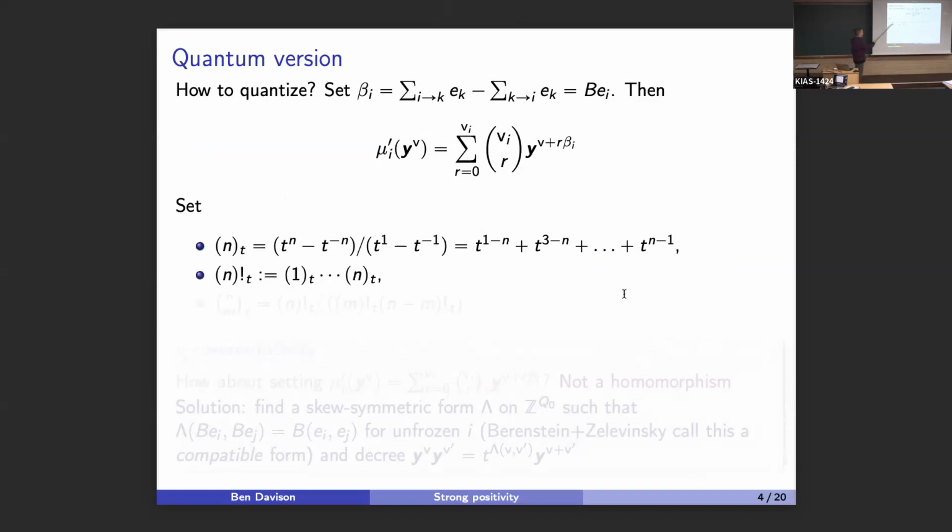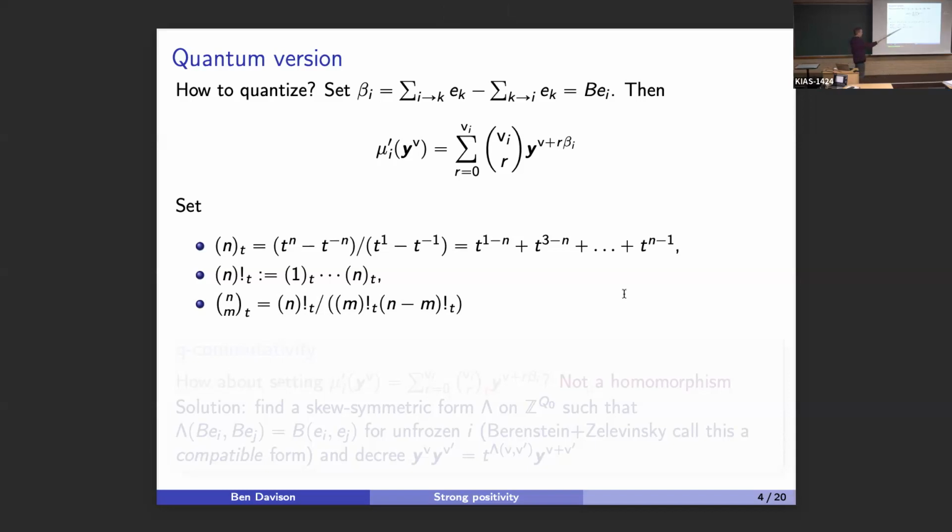Okay, so that's quantum n on that first sign. Quantum n factorial, well, n factorial is just the product of the numbers from 1 to n. And if I just quantize all of them, that's my version of quantum n factorial. And again, if I put t equals 1, then I'll just get back the usual n factorial. And then, depending on where you go to school, I guess, this is something that we all learn in school, that n choose m can be written as a quotient of different factorials.